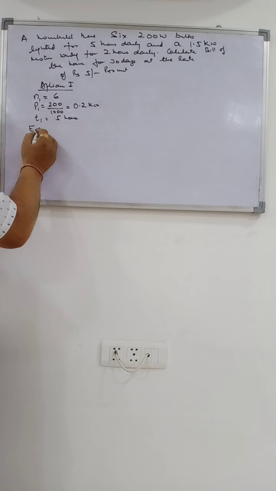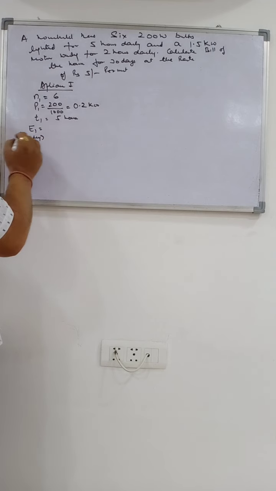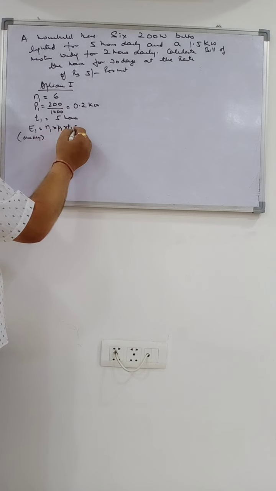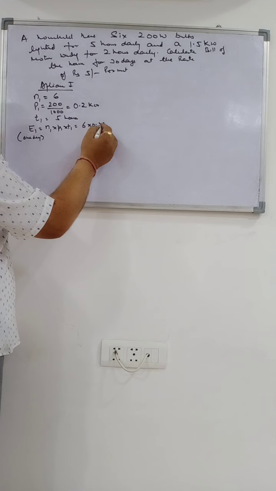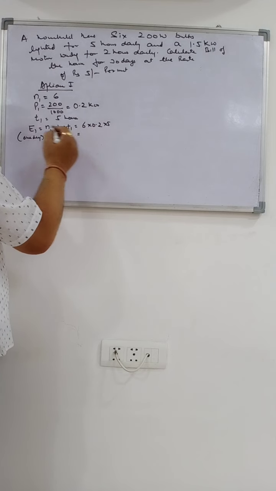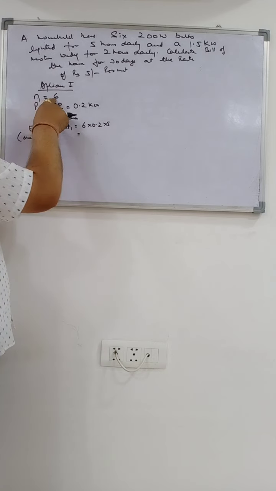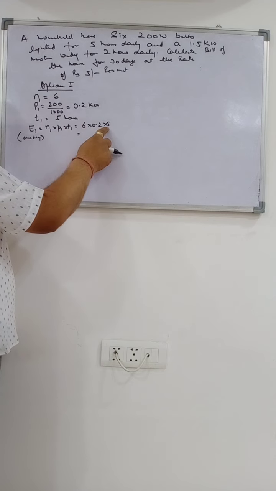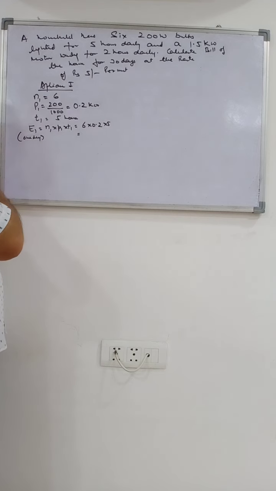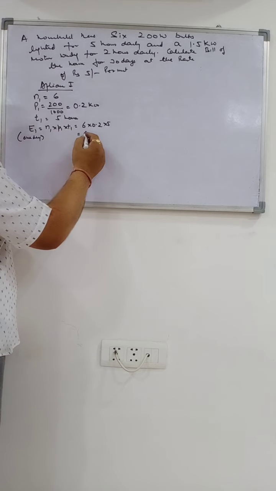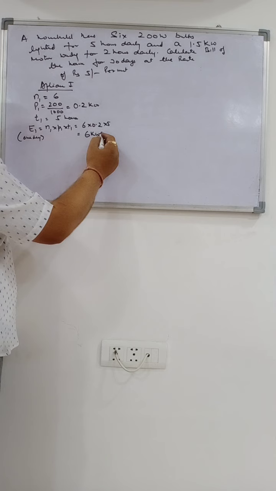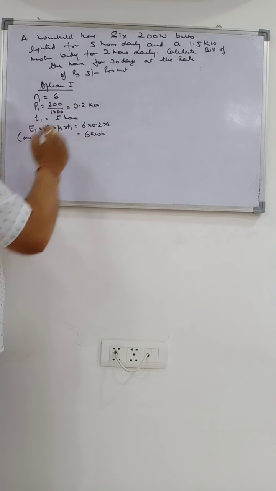So what will be the energy for 1 day? इस अप्लायंस की एनर्जी 1 डे की कितनी हो जाएगी, N1 into P1 into T1 is equal to 6 into 0.2 into 5. Is that clear? 6 kilowatt hour will be the energy.